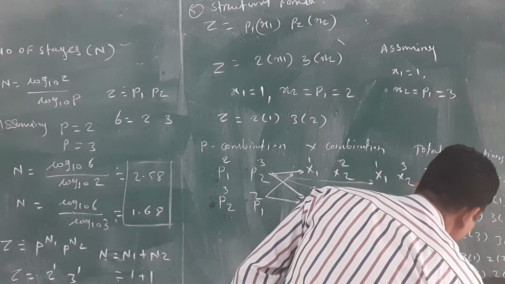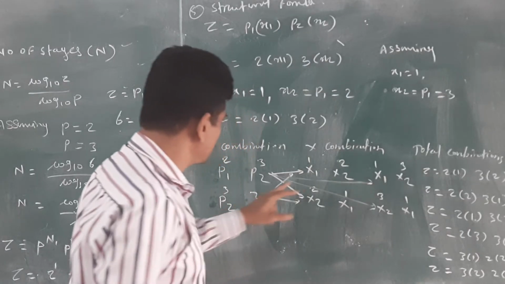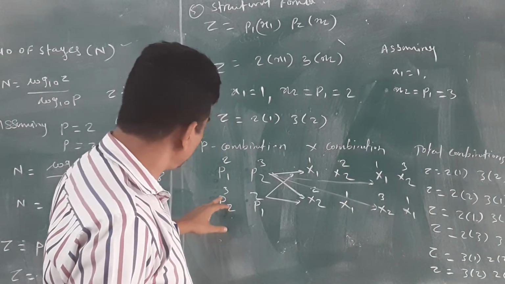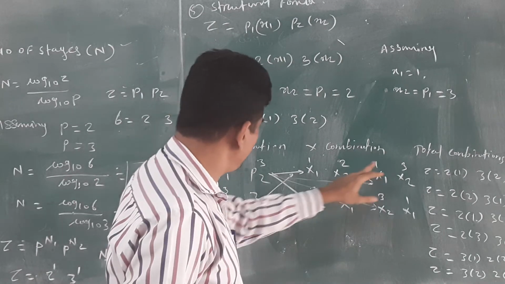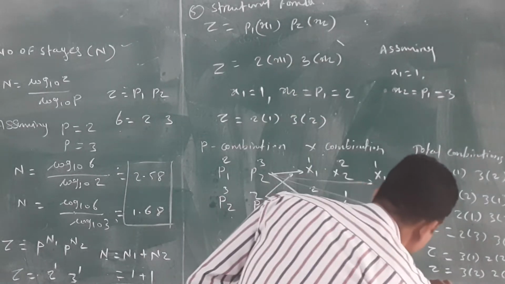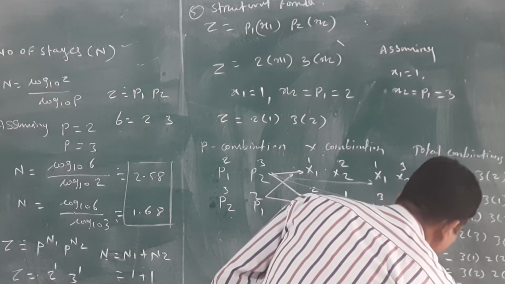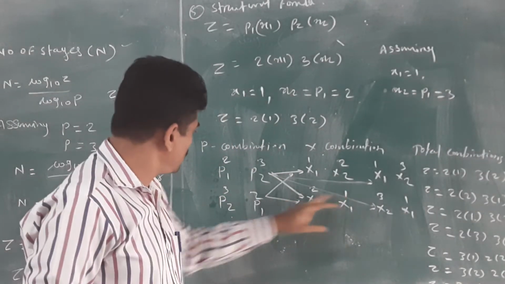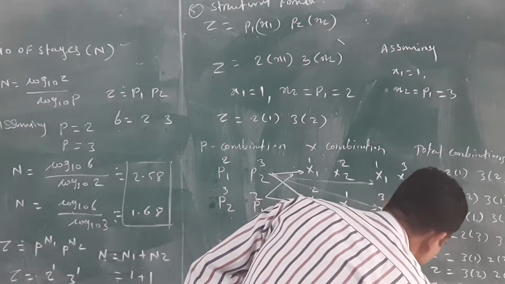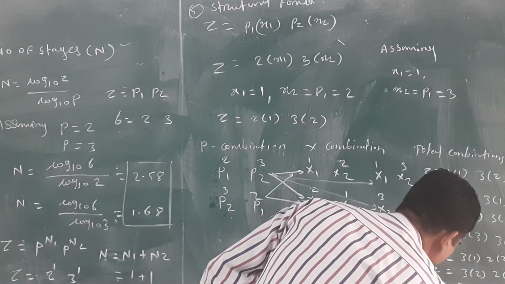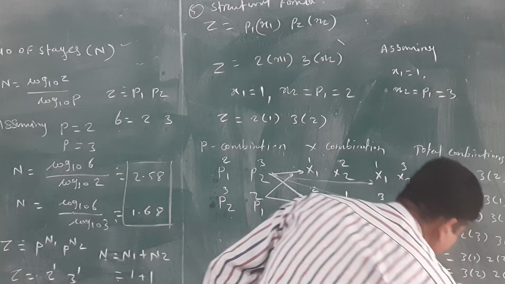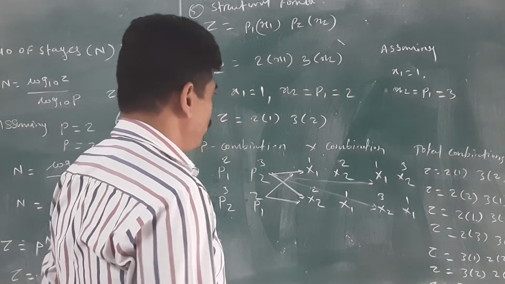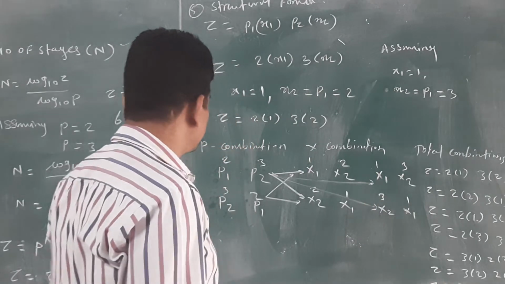Then next, with the help of this one, 3 3 1 2 3, then 3 3 2 1. This way we have 8 combinations for this numerical.